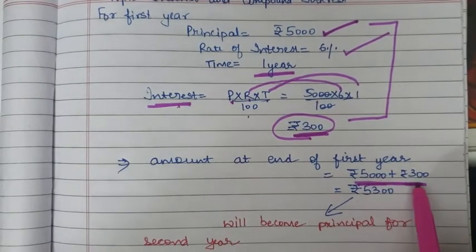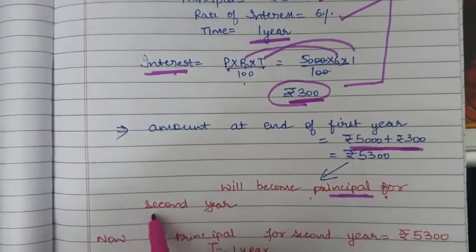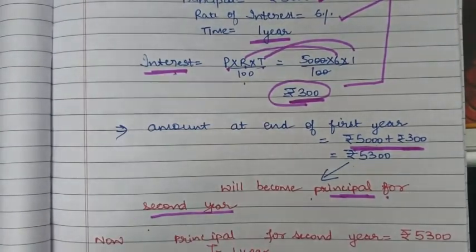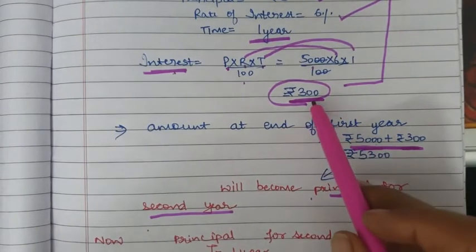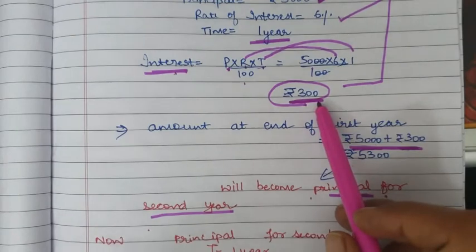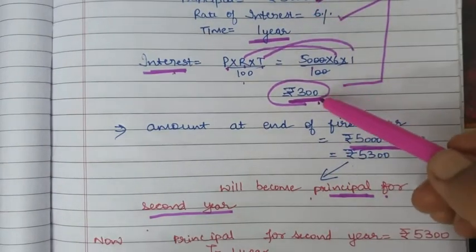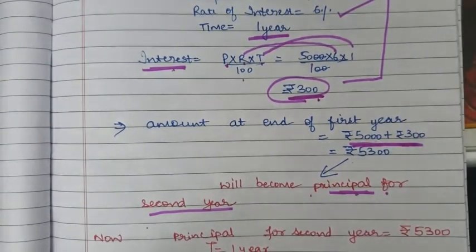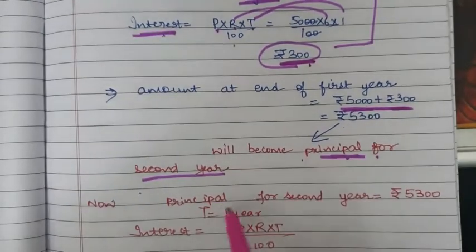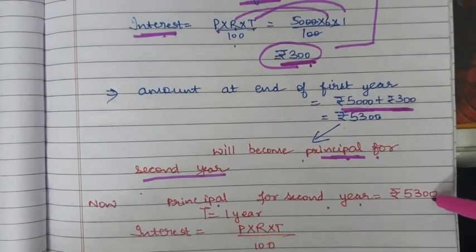This amount will become the principal for the second year. This is a very important thing. Keep in mind that the interest in the first year and the principal, they both together will form the principal for the next year, for the second year. So now if you see, principal for the second year will be 5,300.